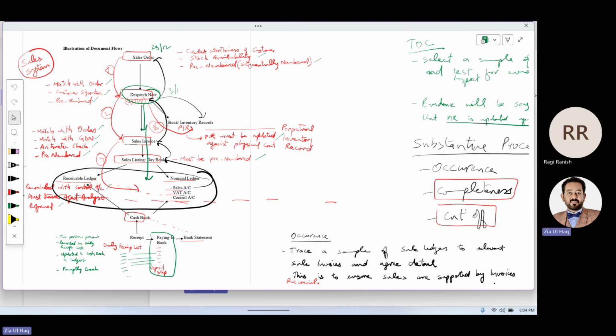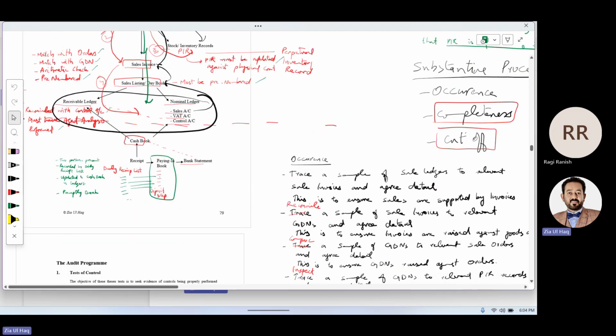The sale invoice must be matched with the order, matched with the GDN, must have an arithmetic check performed, and must be pre-numbered. The ledger should be reconciled with the control account and must have an aged analysis performed. The PIR must be updated against the physical count.